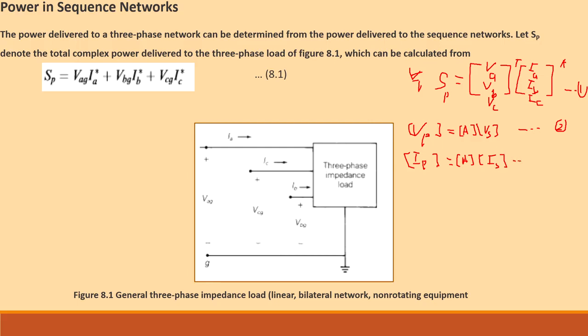This is the third equation. And also we have the equation of Vs equals inverse of A multiplied by V phases.